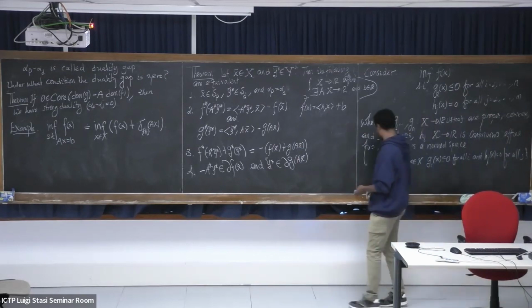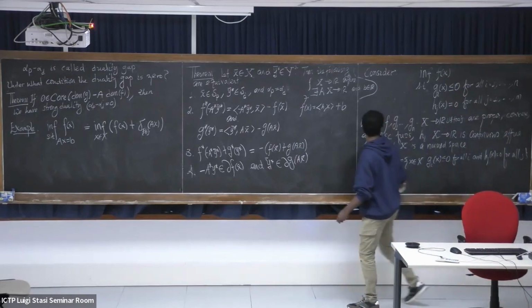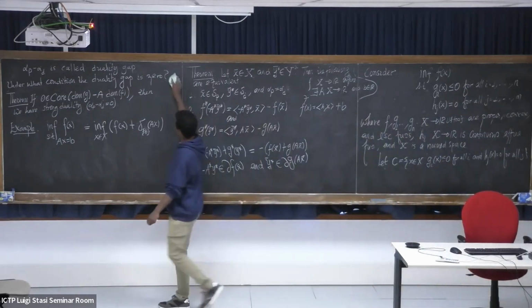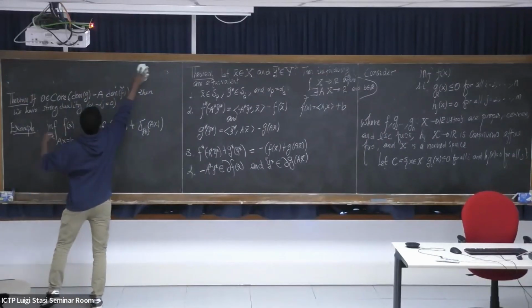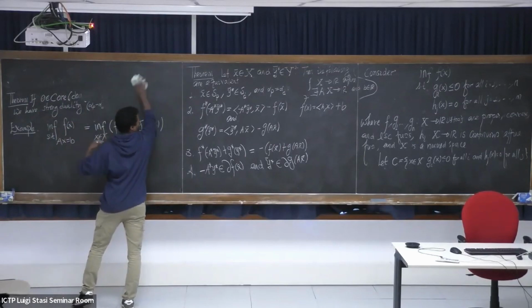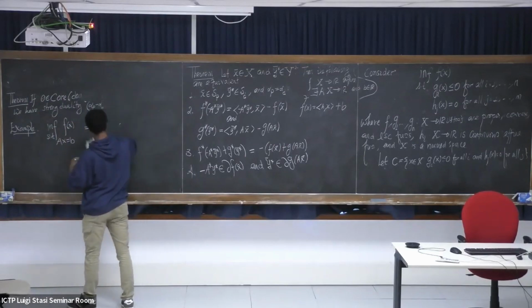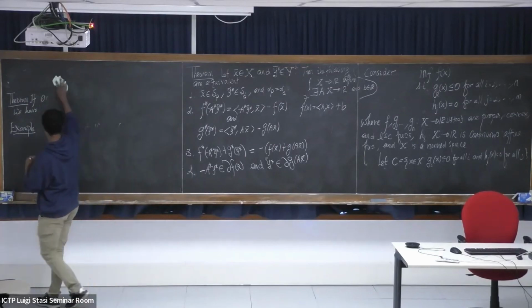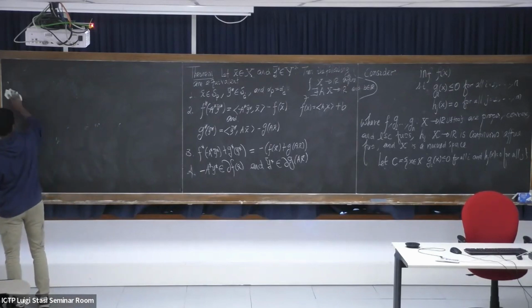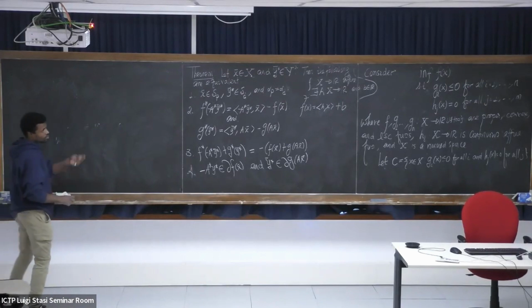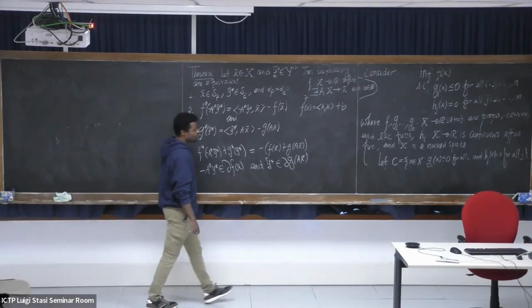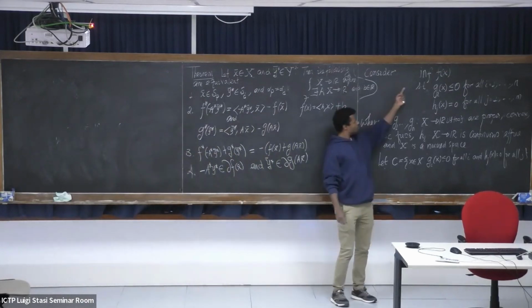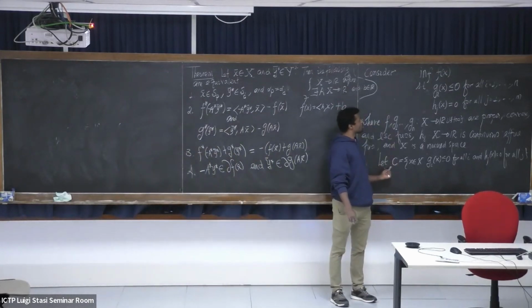So the inequality constraint optimization problem is the infimum of f over this set C.